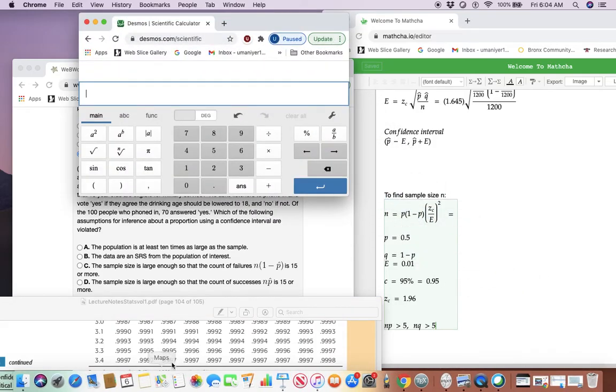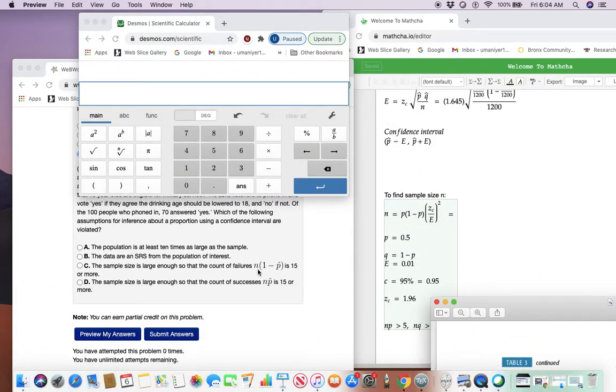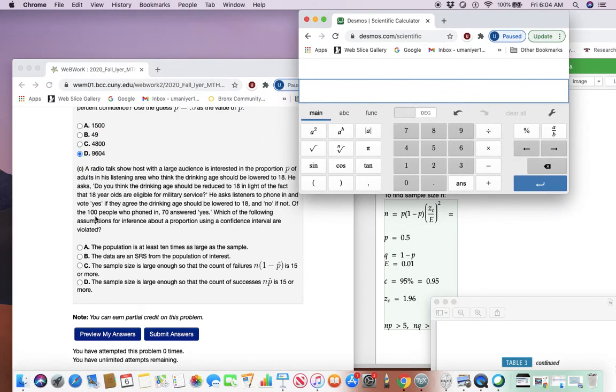Let's check whether this and this work. He has 100 people who phoned in, so n is 100, and 70 out of 100 phoned in yes. That's the success rate, 70%, which is 15 or more.